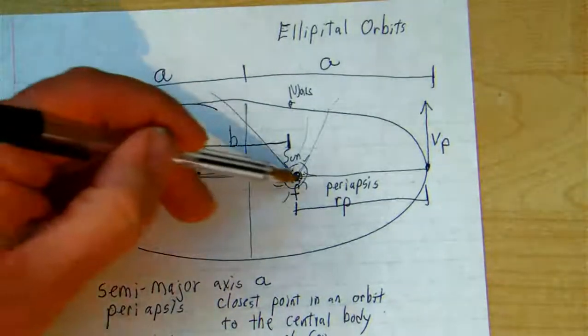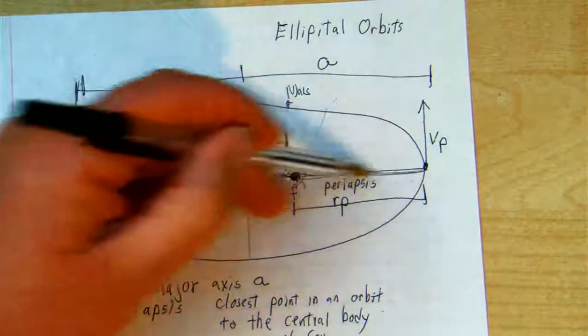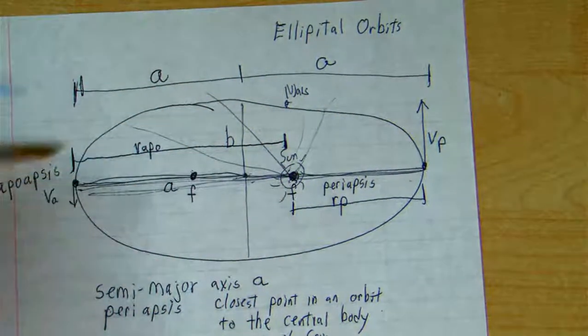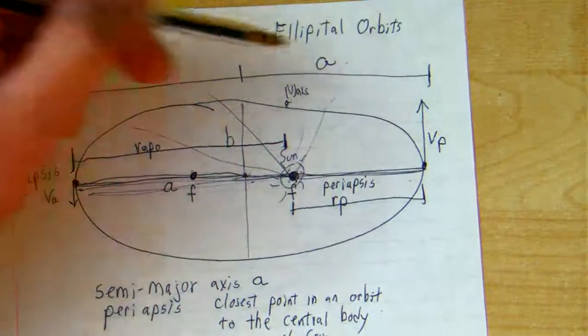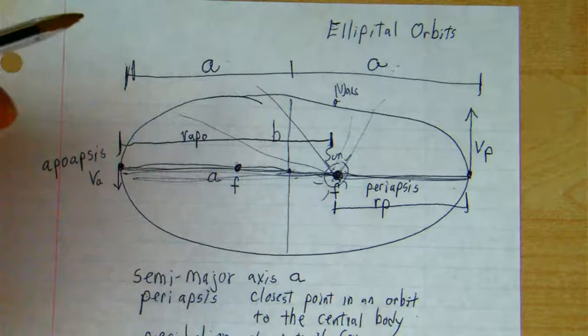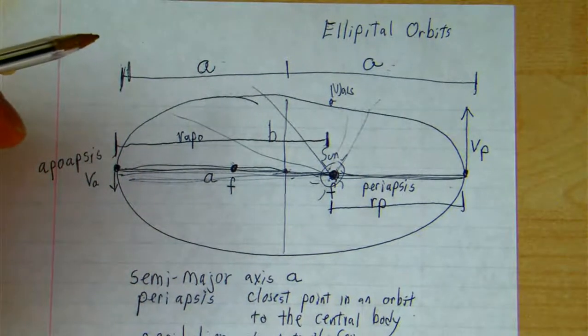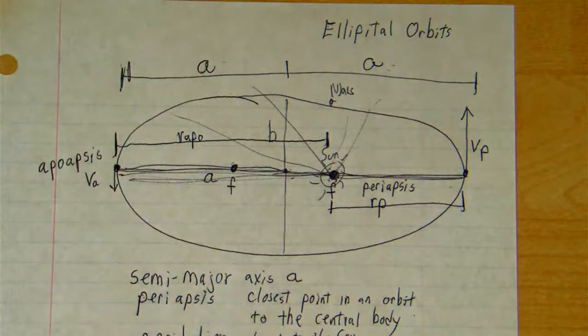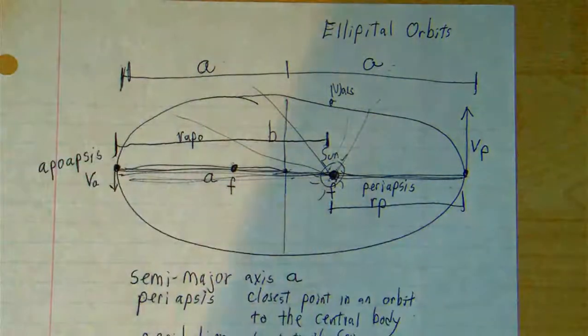So if you add the periapsis distance to the apoapsis distance, and then divide by 2, you get the semi-major axis, the average distance. Ta-da!